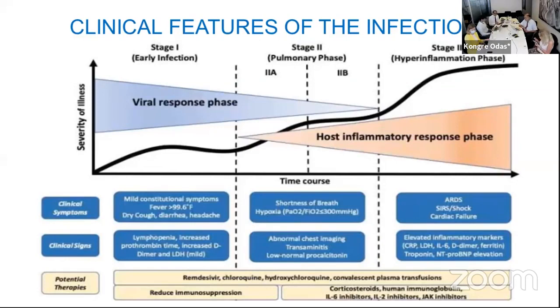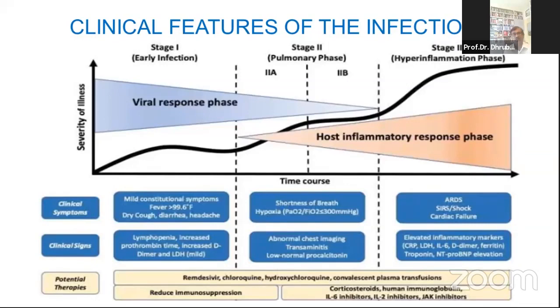When we are talking about these clinical features, it is explained in this slide what the different types of clinical features are, normally seen at the different stages of infection. So it's stage 1, then stage 2, and stage 3, where the maximum features are actually the host response.